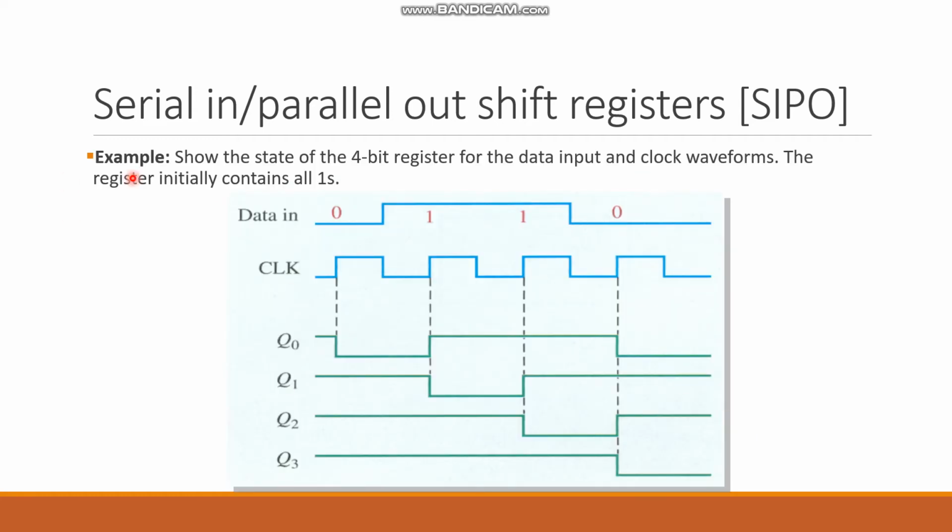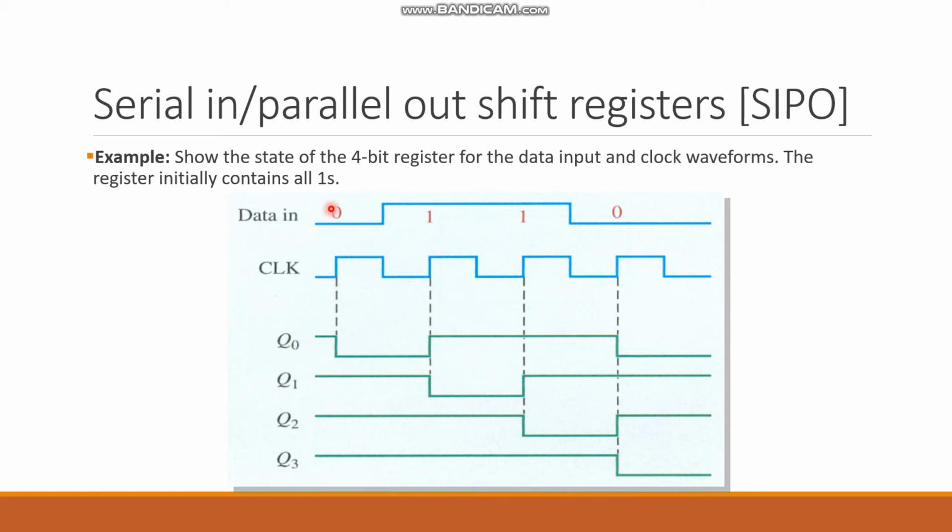This example shows the state of a 4-bit register for the data input and clock waveform, which is this one and that one. These are given. The register initially contains all ones. That means the outputs of each flip-flop inside that shift register are initially 1. So at the first clock pulse, what happens?